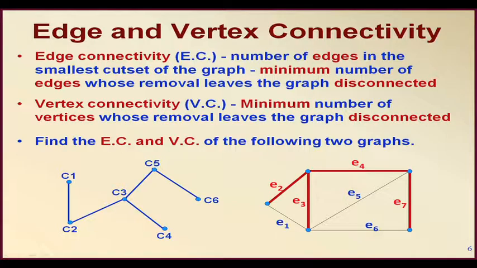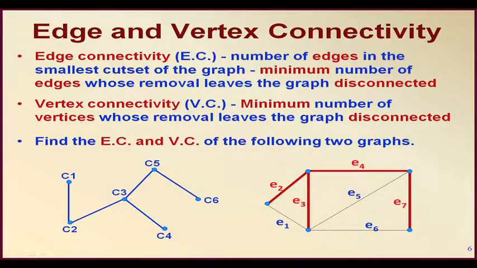Now, question is, do you like higher edge connectivity or lower edge connectivity? Do you want lower values of EC and VC, or you think a higher value is good? Think of a road network. In any road network, there could be some sort of disruption, maybe due to some reason or maybe due to disaster.